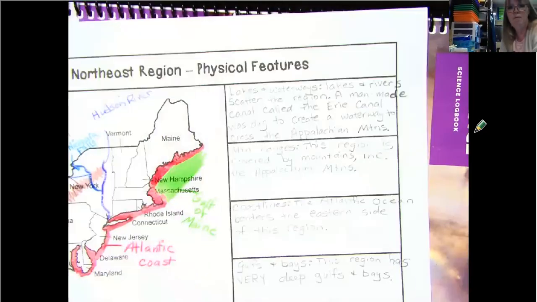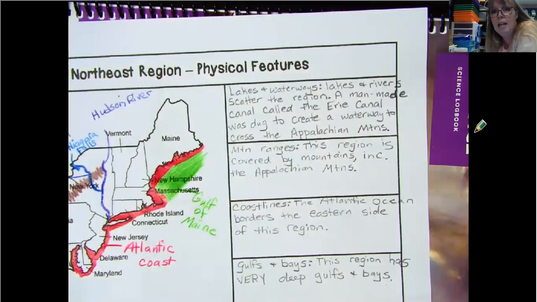Okay, so that's your last one. Lakes and waterways. Lakes and rivers scatter the region. A man-made canal called the Erie Canal was dug to create a waterway to cross the Appalachian Mountains.